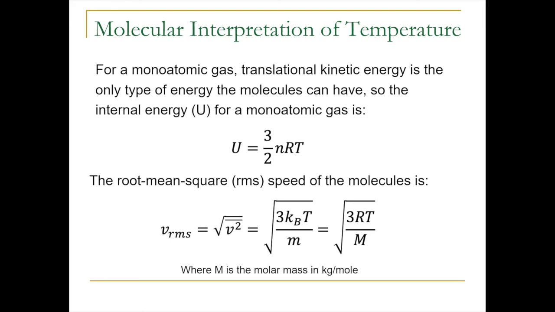Well, if we use our equations that we've already derived, then we know that this is either going to be the square root of 3kBT over m, or the square root of 3RT over capital M, where M is the molar mass in kilograms per mole. So what we've done now, folks, is we've given ourselves the ability to find the average speed that the particles will have given these particular variables of the gas.